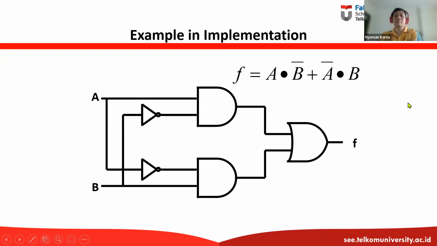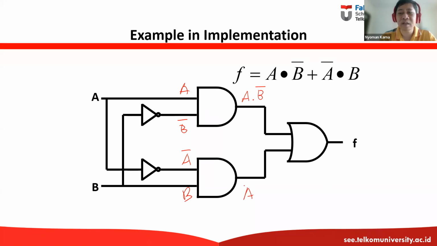Now, how about this one? This will become A, and this will become B not. This will become A not. This will become B. And because this one is the AND gate, it will become A times B not, because AND is a multiplication.